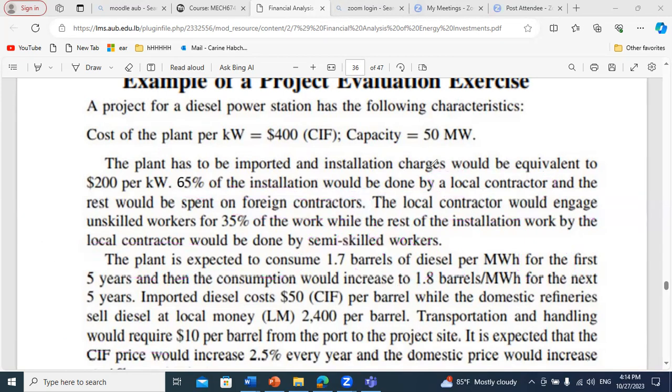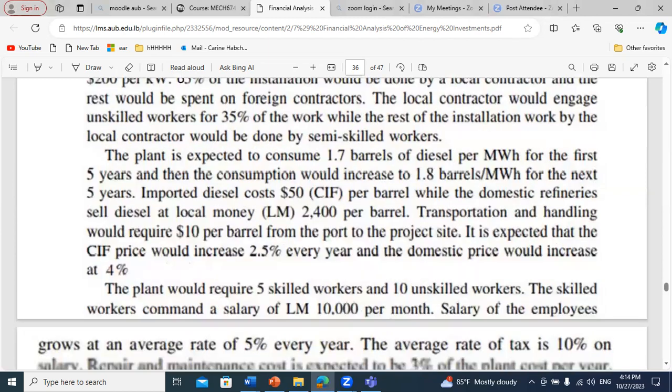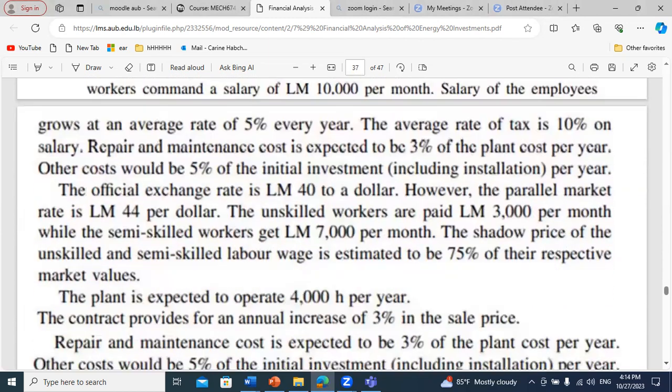So if we move down, at the end of the paragraph here, they told us that the shadow price of the unskilled and semi-skilled labor wage is estimated to be 75% of their respective market value. What do they mean by this sentence?